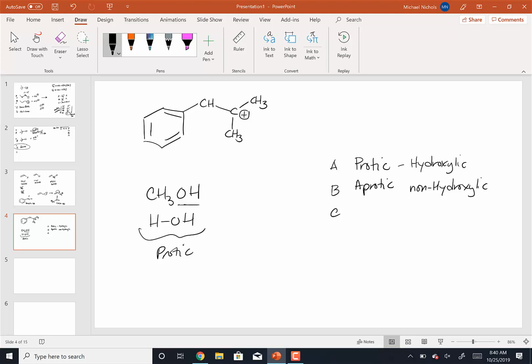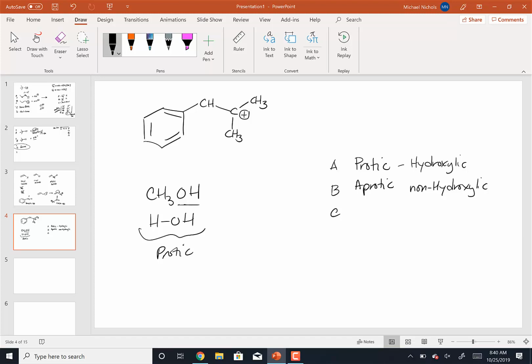Why? Because they have hydrogens that can be lost, which is a misnomer because some of the aprotic solvents also have hydrogens that you can deprotonate. But that's why I prefer hydroxylic, non-hydroxylic, but nobody's written a book like that.